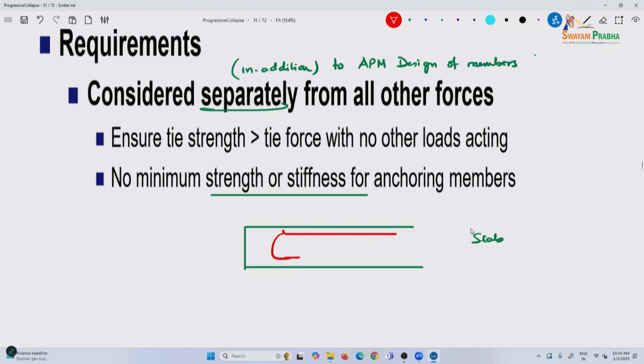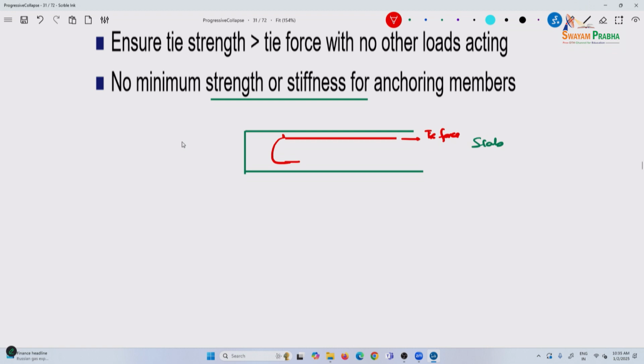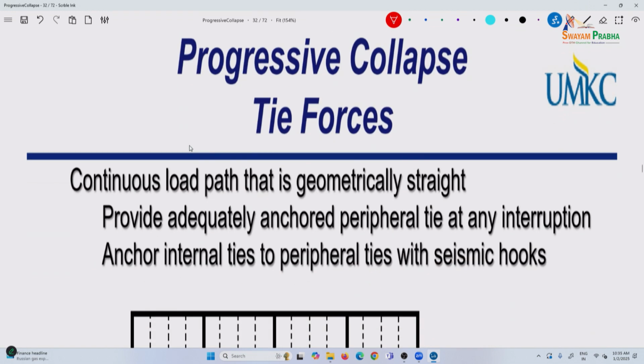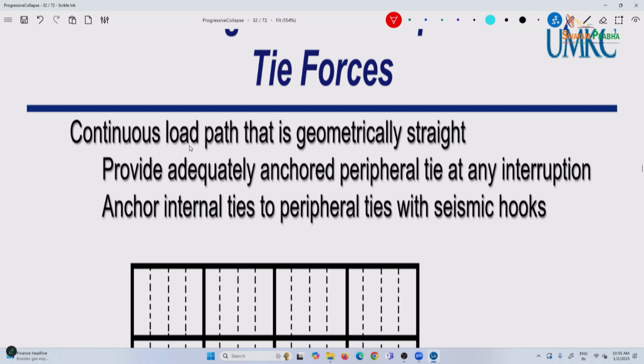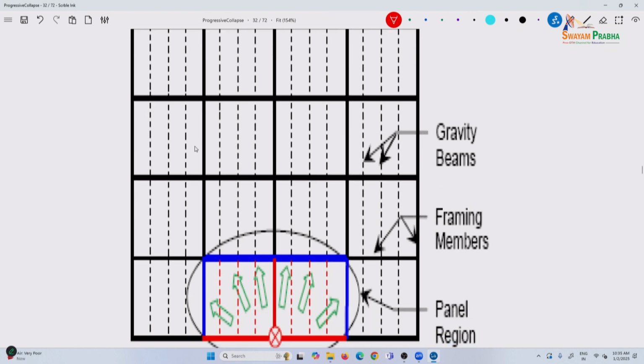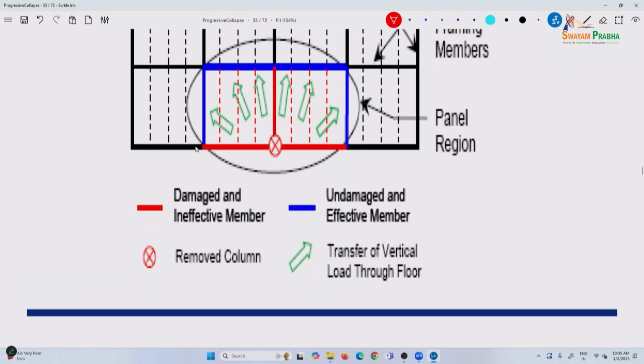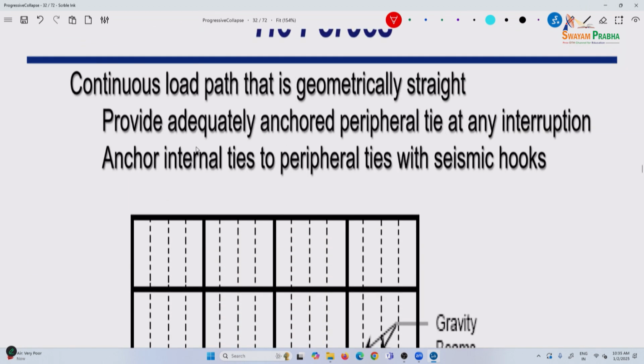So, the anchoring is so that if a tie force is here, you can use your normal hook designs or hook provisions for this purpose. Tie forces need a continuous load path that is geometrically straight. These are members, the inner removal of a column, this just illustrates.